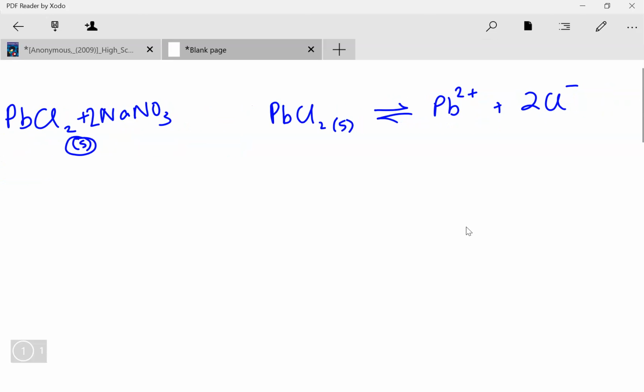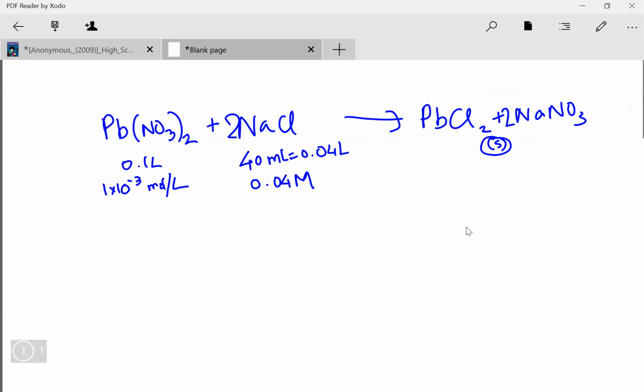And so again, I'm looking for QSP, which means I have to find the initial concentration of lead 2 plus and the initial concentration of chloride minus, which I obtain from these two, because the lead is coming from here and the chloride's coming from here.